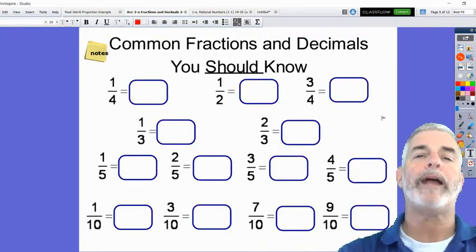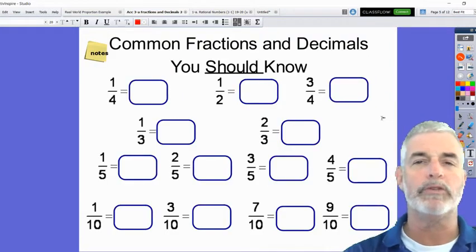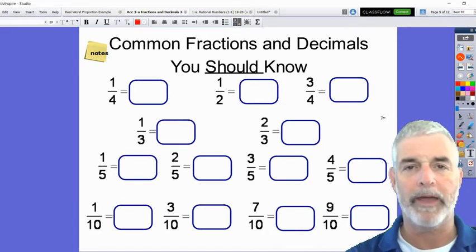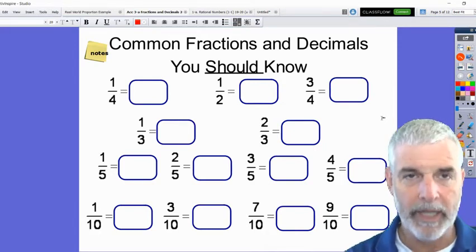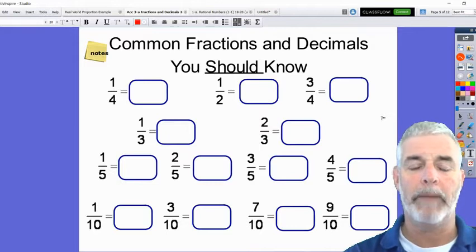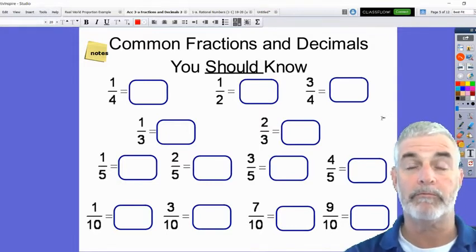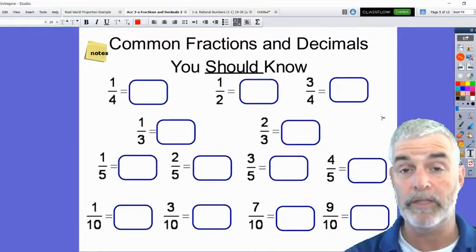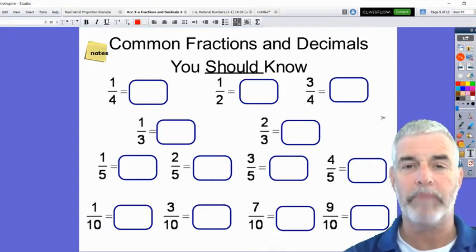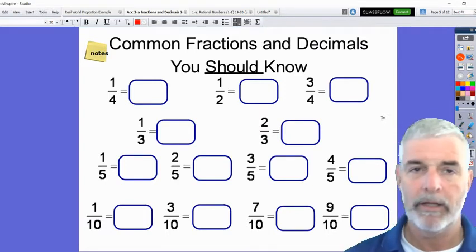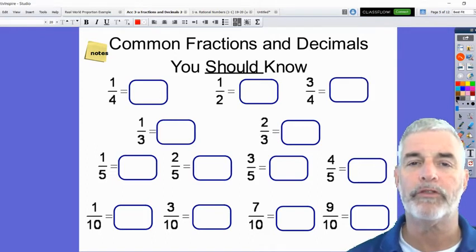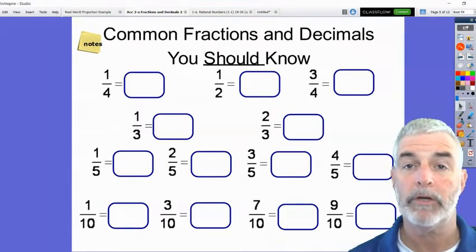So there are some fractions and decimals that you don't want to be using a calculator for to figure out what they are. You should know them, okay? In my experience with regular 7th and 8th grade students, this is the list that we expect them to know. Quarters, halves, thirds, fifths, tenths, okay?